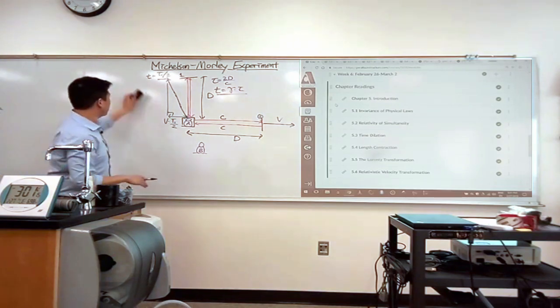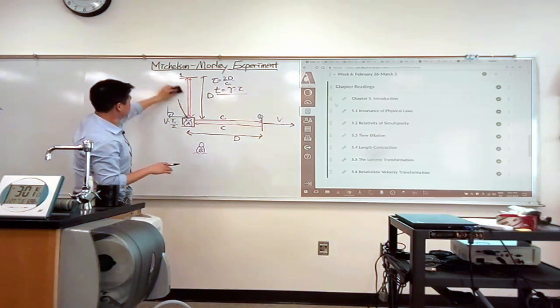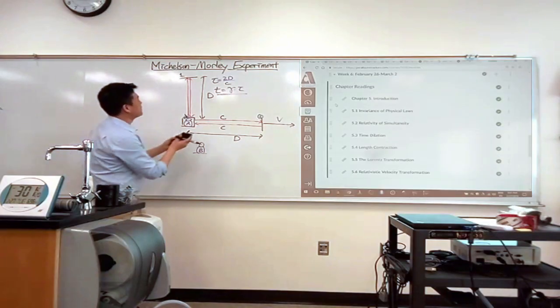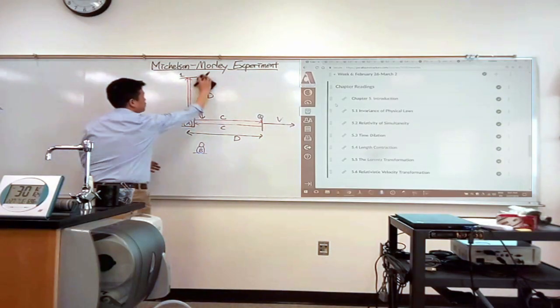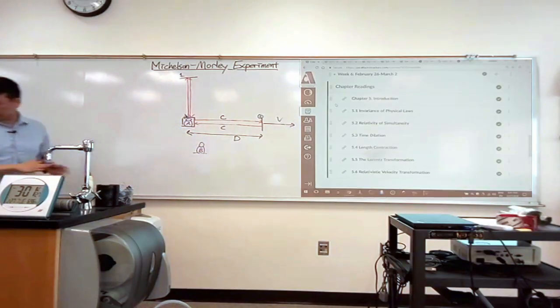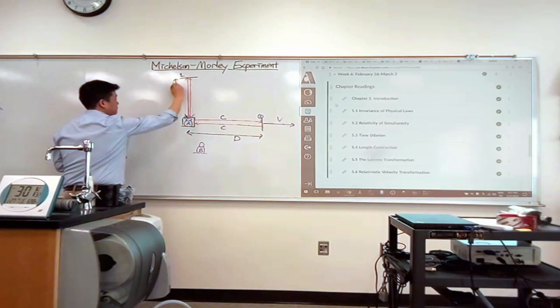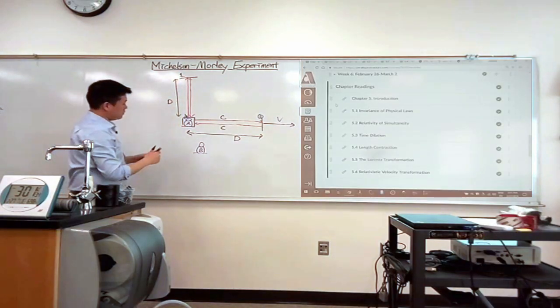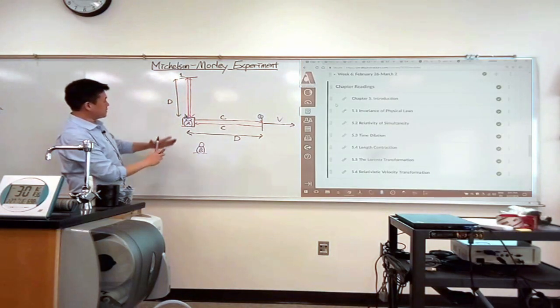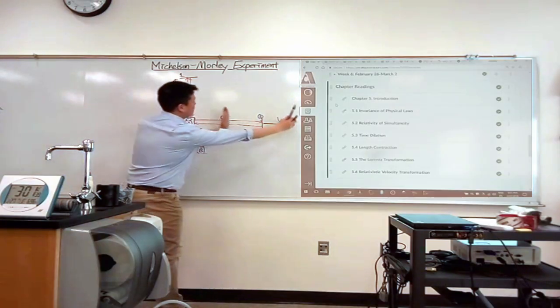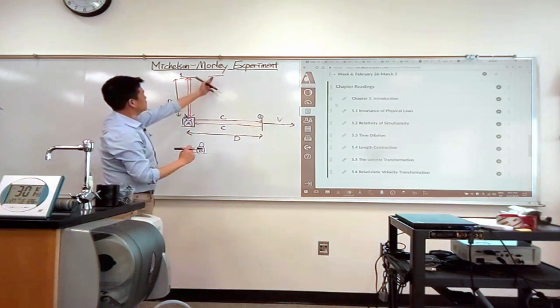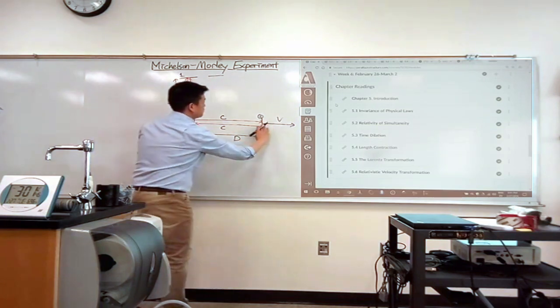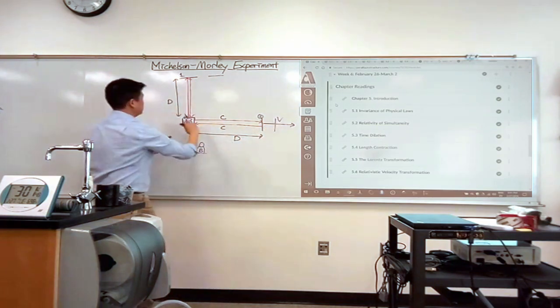B is the observer who stays here and just looks at things passing by. From the perspective of B, let me erase this because this was the ether wind stuff. From the perspective of B, this is how things appear. Let me draw the things on the top, which is just a copy of this. So from the perspective of B, as the light travels up, the entire apparatus moves over. This moves over here.